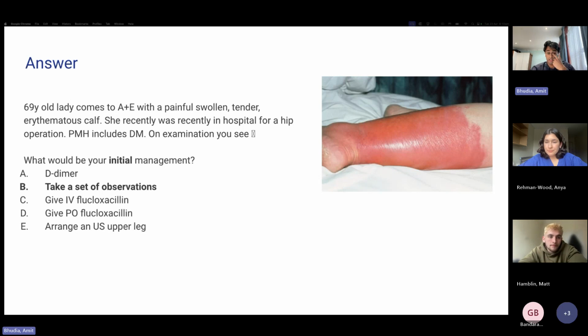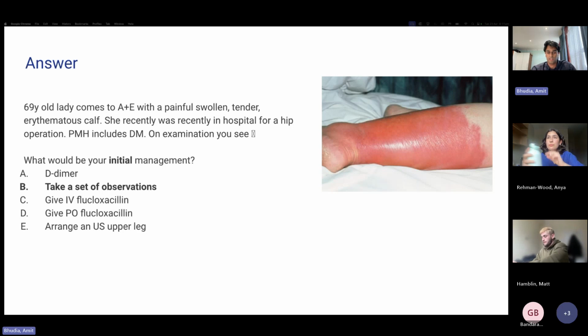So remember, when you're asked to give any sort of management, start with bedside, like labs and bloods, and then imaging and special tests. So in this instance, we're going to take some observations, and we also need to determine if she has a fever or she's systemically unwell, and then this will affect how we manage this patient.